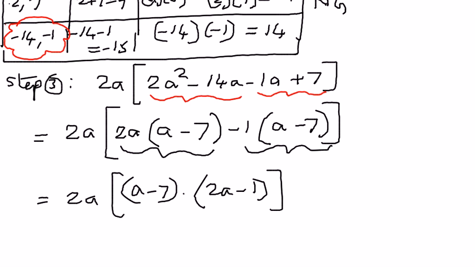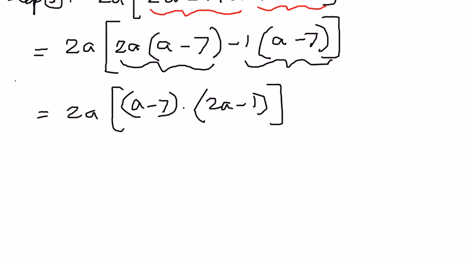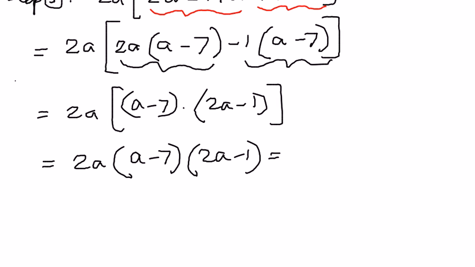So the factored form of the given trinomial is as follows: 2a times a minus 7 times 2a minus 1. This is the factored form of the trinomial given to us, 4a cubed minus 30a squared plus 14a.